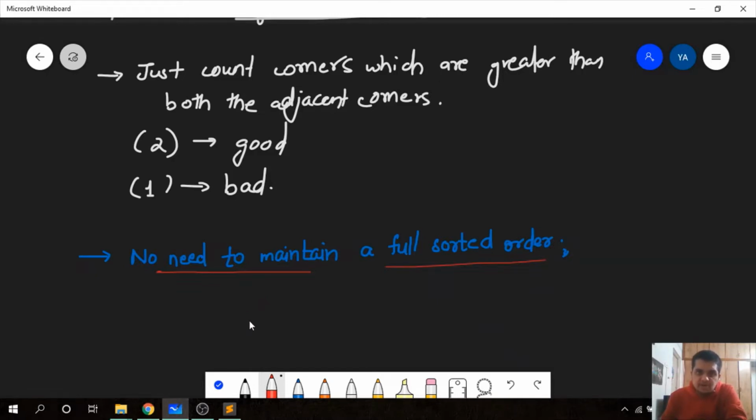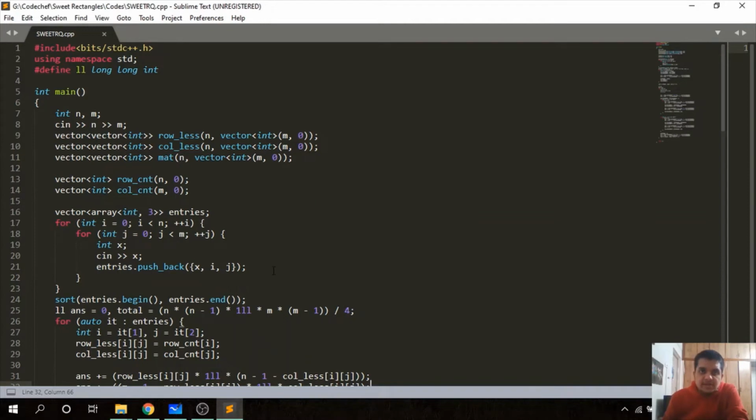So let us see the C++ solution for this question. First, I've taken input n comma m, the sizes of the matrix. Here I've declared the necessary implementation vectors, and here are the row count and column count vectors. Now here I am taking input of the matrix elements, and here I will be pushing them into a tuple of 3, where the sorting order shall be maintained.